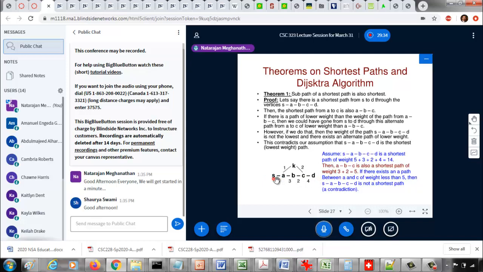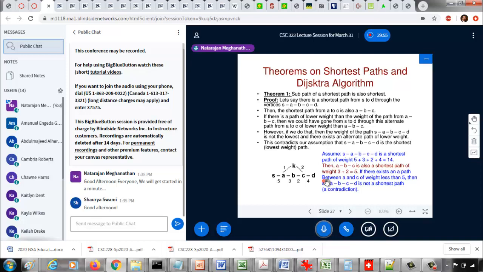Because if you use this hypothetical path, it will be 5 plus 1 plus 2 plus 4. That will be 6, 8, 12, less than 14, because we are going through a better path from A to C and then to D. So that means SABCD is not a shortest path to begin with.